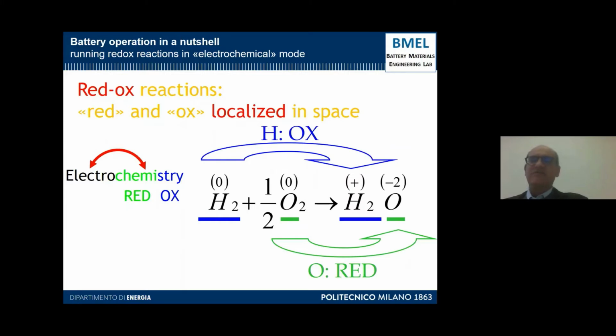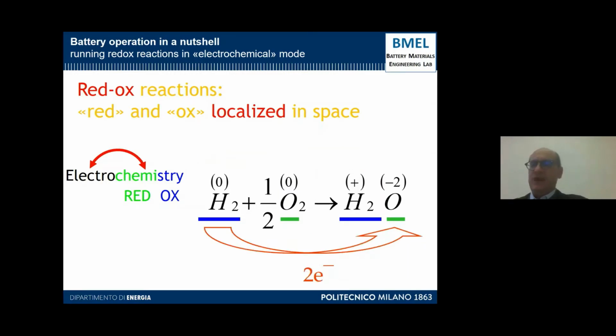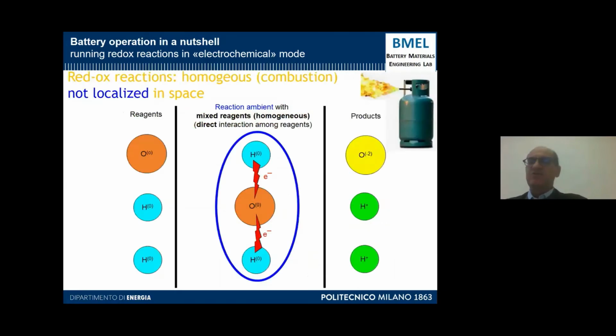Concretely, to fix ideas, let's concentrate on a prototypical redox reaction, namely hydrogen combustion with oxygen, whereby hydrogen is oxidized and oxygen reduced, and the electrical counterpart of hydrogen oxidation and oxygen reduction is electron transfer from hydrogen to oxygen atoms.